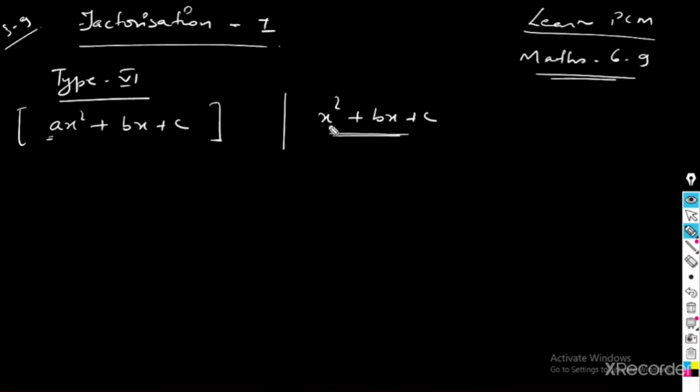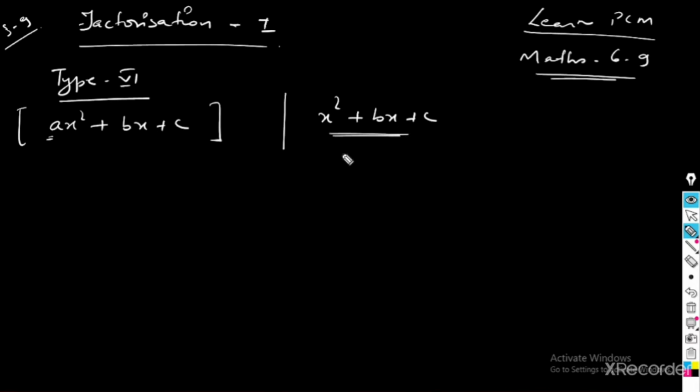Since the coefficient was not there for the square term, in this case we have a coefficient attached with this x square term, right? Now how to factorize this type of expression, that we are going to study today. Let me clarify that it is just the same as this only.